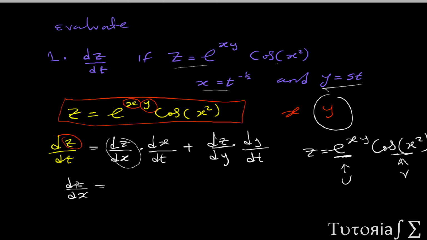So dz/dx will be equal to u prime v plus v prime u, where we differentiate u with respect to x because we are doing dx. Remember how you differentiate the e function.